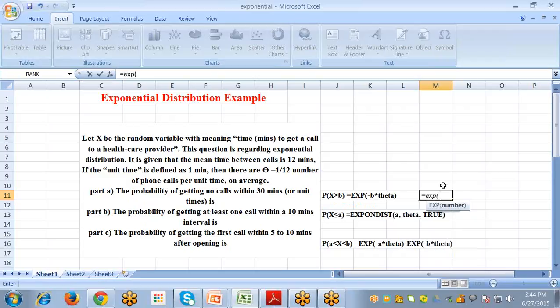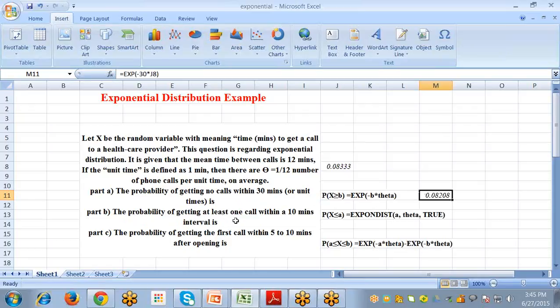So minus b will be the 30, minus 30 into the value of lambda. So let's first calculate 1 by 12, which is 0.0833. So select the cell, select the function, minus 30 into this value, and then enter. So this will be the output of the first question.